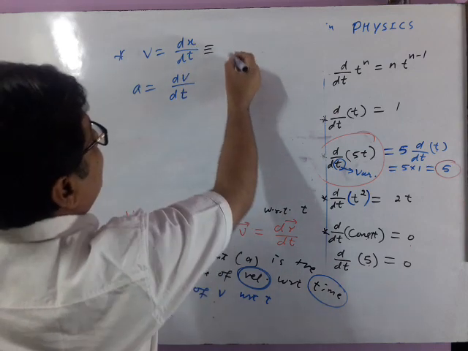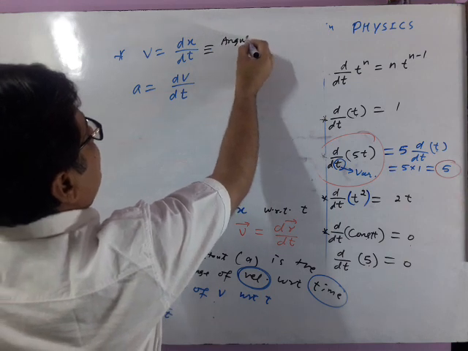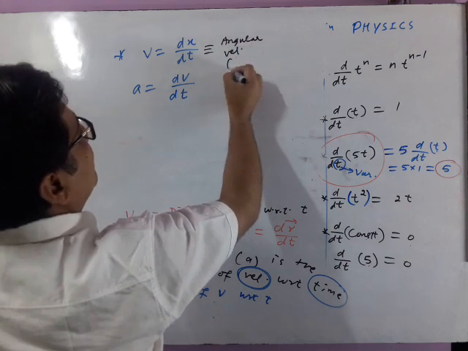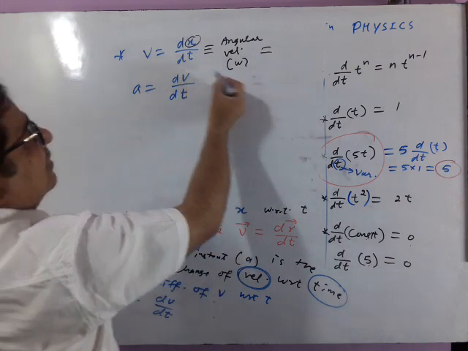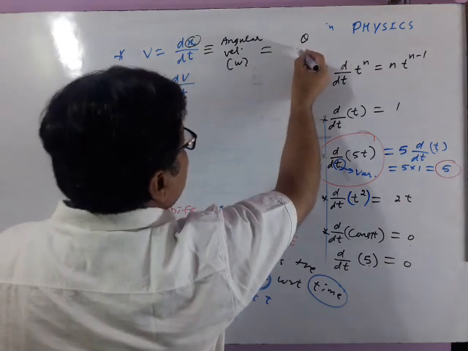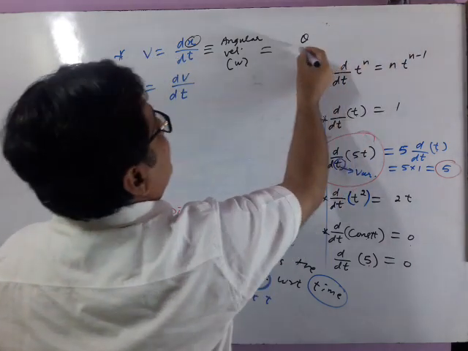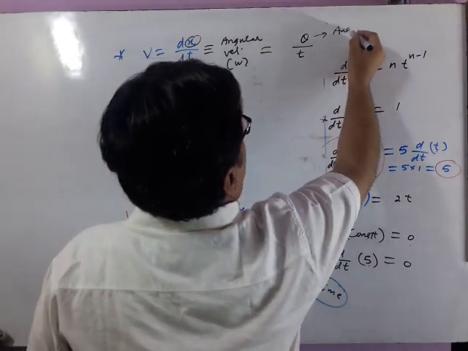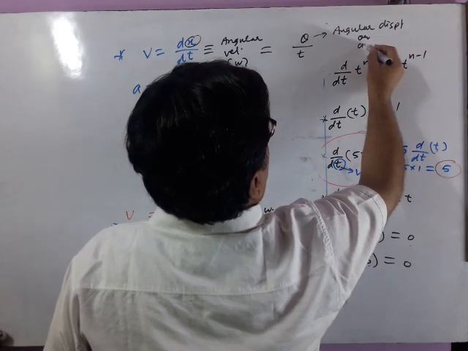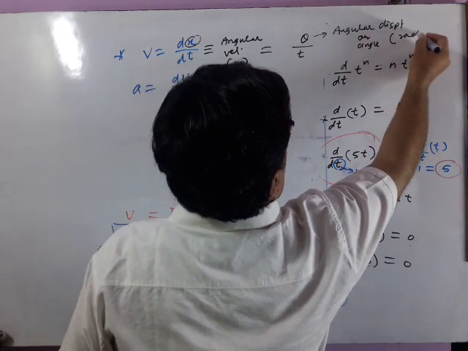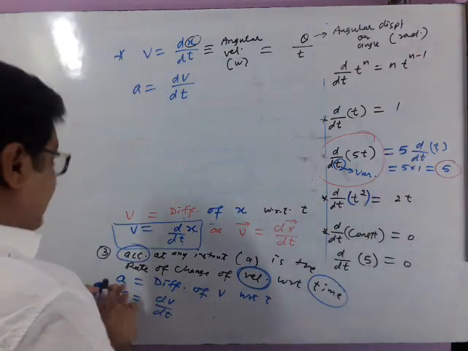Now similarly, there is angular velocity. Velocity is displacement upon time. Angular velocity is angular displacement upon time. Angular displacement we call angle, having units of radian.